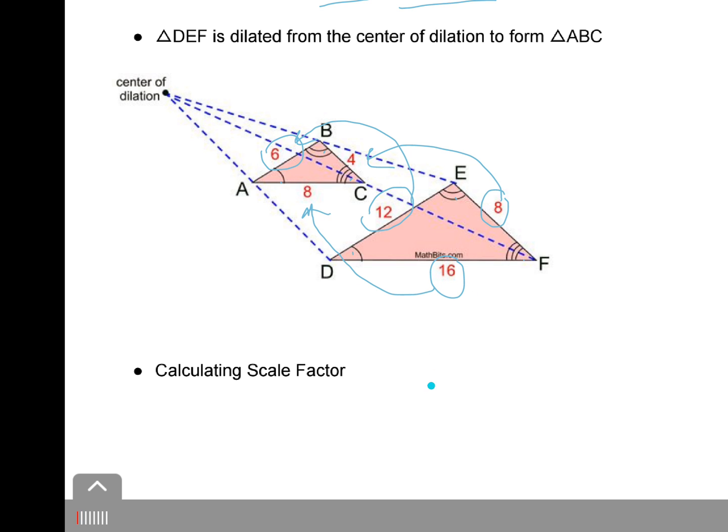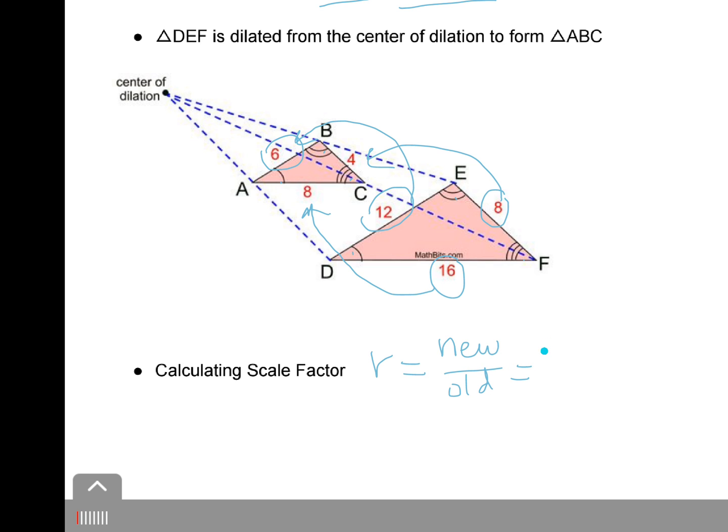Now to calculate that scale factor, I know I went over that quickly, but a quick review on calculating scale factor, which we call R, sometimes K as well: you take the new distance and divide it by the old distance. So in this case, let's take one example.